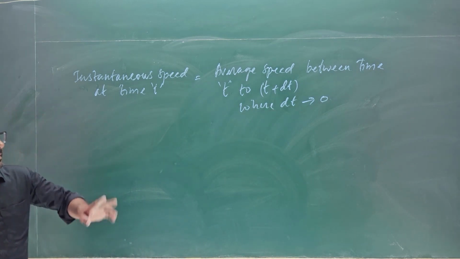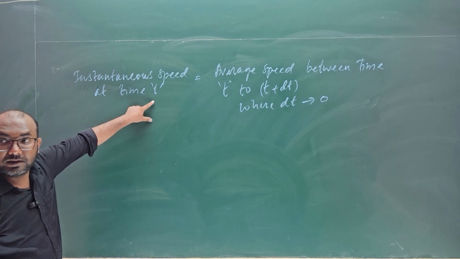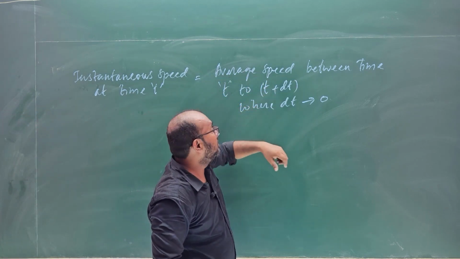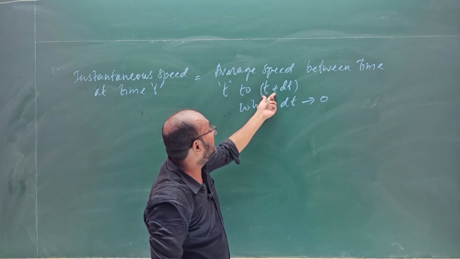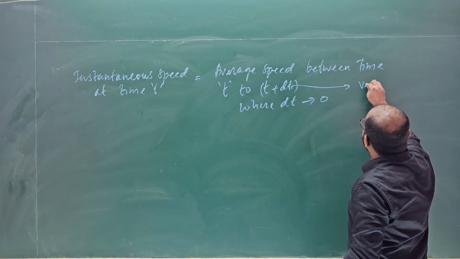Now, check this. The instantaneous speed at any time t is nothing but the average speed between time t to t plus dt, and this dt is very, very small.